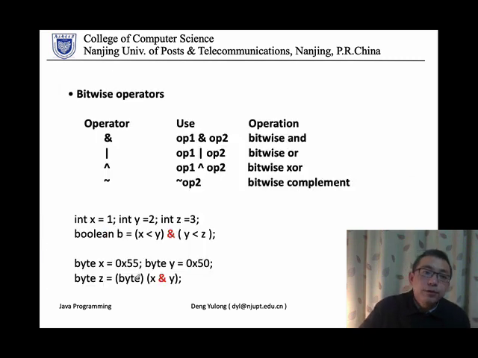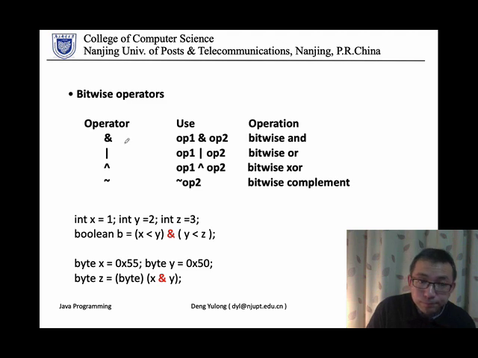And next, we'll see the bitwise operators. Look at these symbols. They are the same as we used before for the logical AND and OR operations, but here they are not conditional operators, they are bitwise operators.